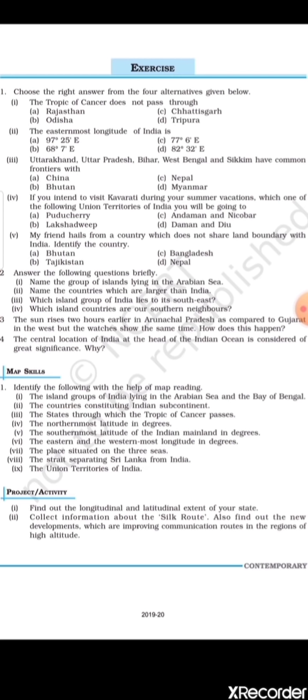The vast coastline and natural harbours have benefited India in carrying out trade and commerce with neighbouring countries, whether they are on the western coast of India or on the eastern coast of India. So, the location of India at the head of the Indian Ocean is considered of great significance.